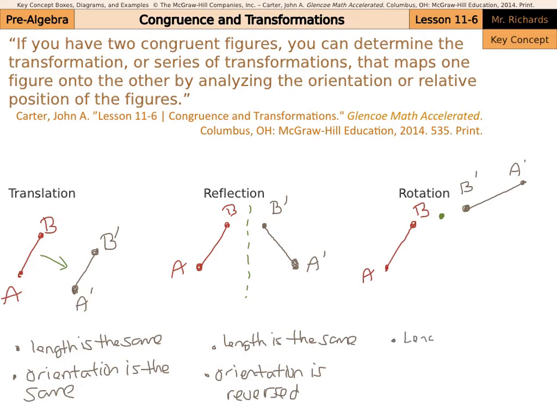Well, the length is still the same, and the orientation is not only reversed, but it is completely changed. The segments are facing a different way. And we can use this to try to identify transformations.